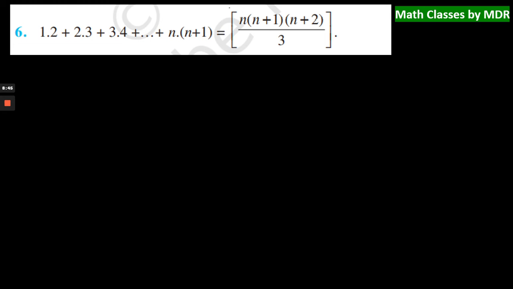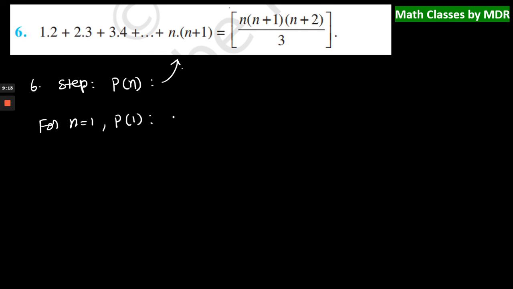Now let's take the next problem. As usual, the first step is: let P(n) be the given equation, the given formula or given statement. Now for n equal to 1, what is the first term in this sequence?